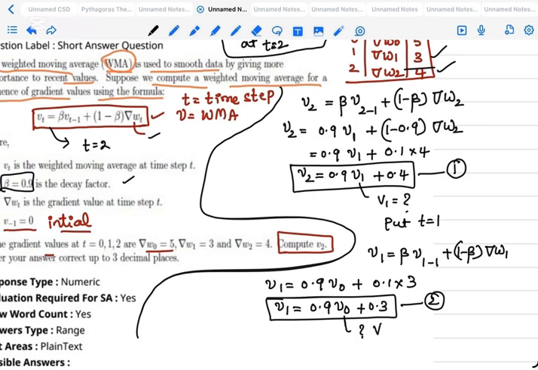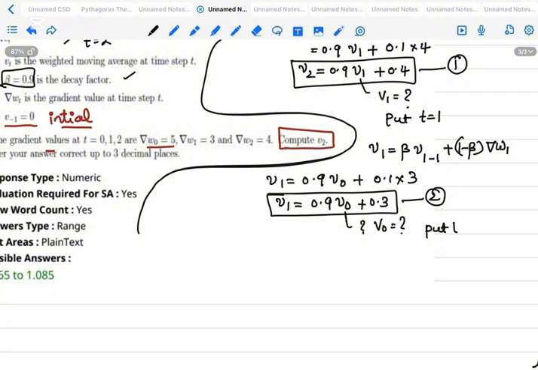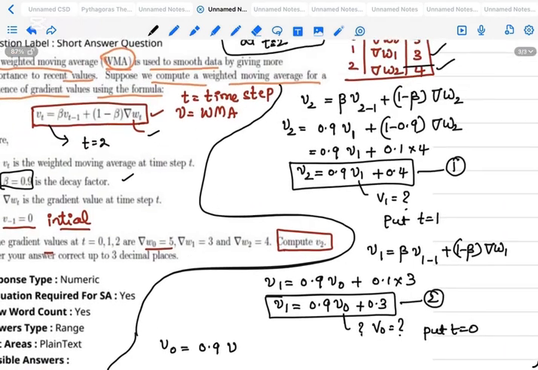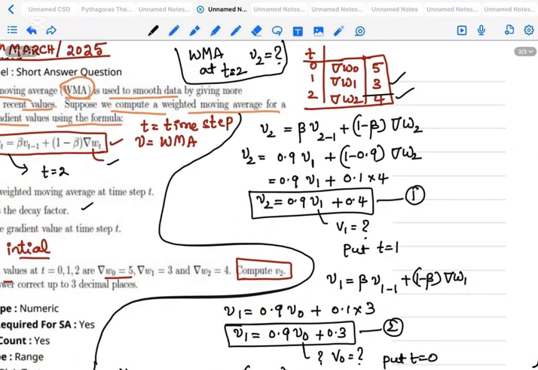So for V0, put t equals 0 in the given equation. That is V0 equals 0.9 times V minus 1 plus 1 minus 0.9 times delta W0, which is given as 5.